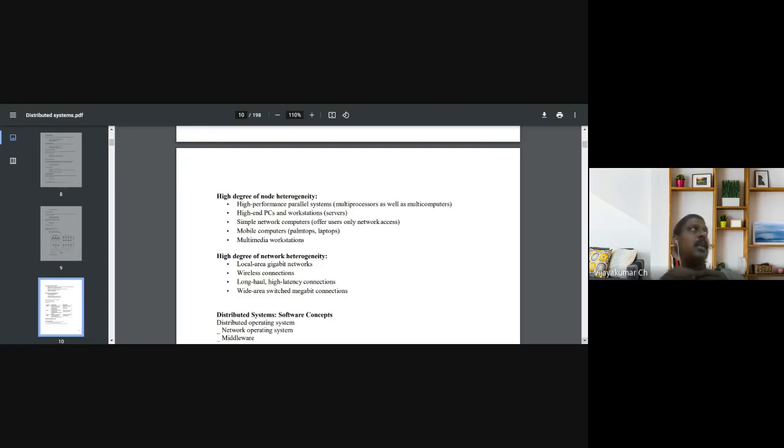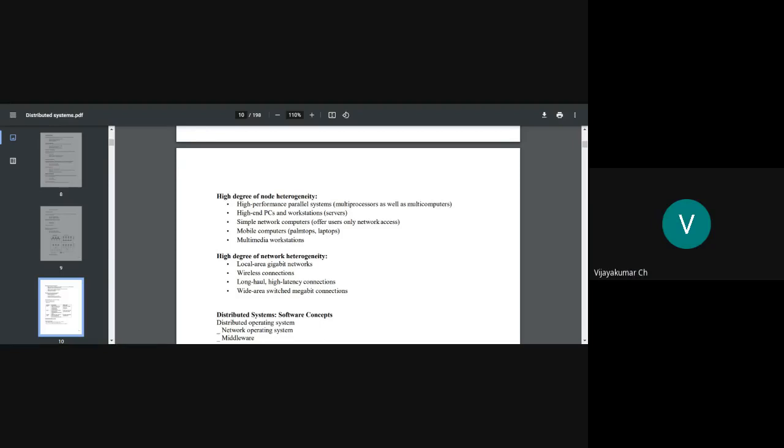After that, long haul, high latency connections, wide area switched megabit connections. This is a high degree of network heterogeneity. Examples are local area gigabit networks, wireless networks, long haul, high latency connections, and wide area switched megabit connections.